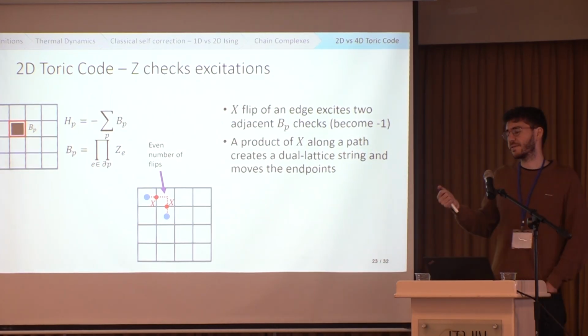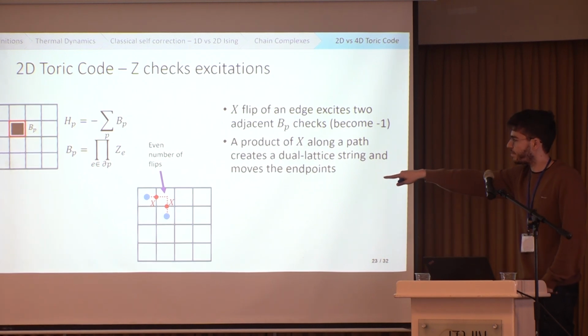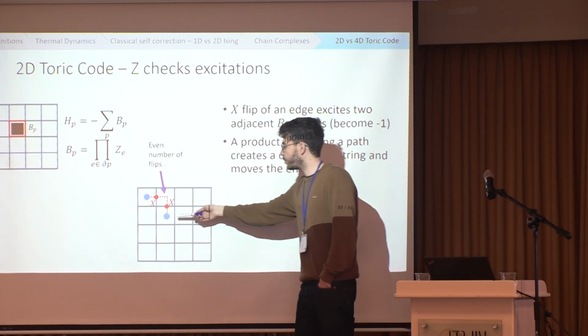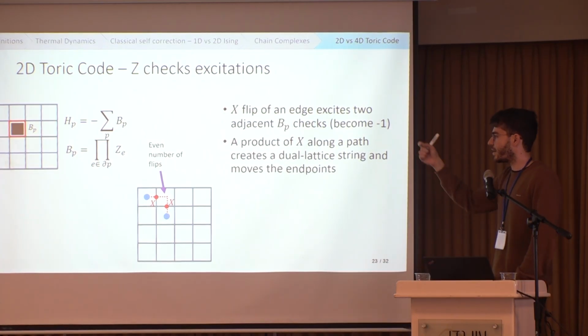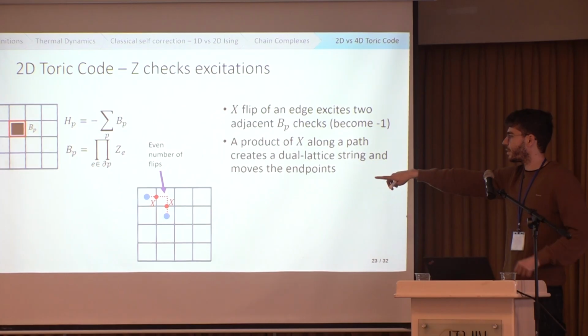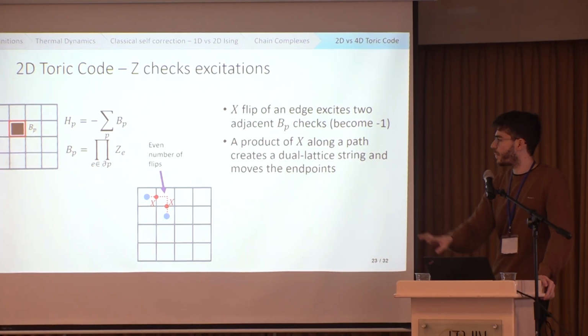This reminds us of the 1D Ising model, in which enlarging the error results only in two check violations, only at the end of the string. In 1D we had a string in 1D, but here we have a 1D string which is embedded in 2D.